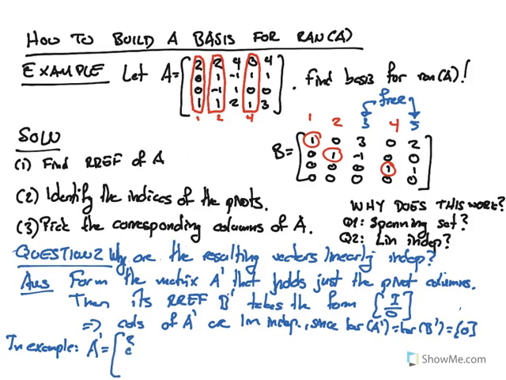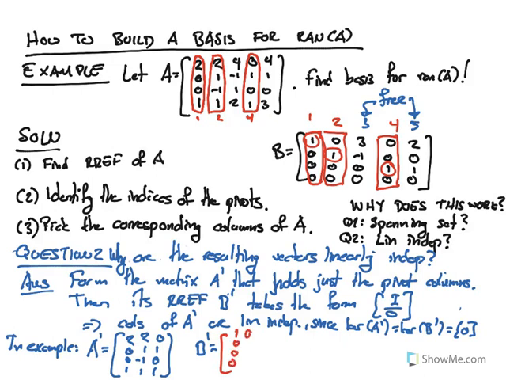So we have 2, 0, 0, 1, 2, 1, minus 1, 1, and 0, 1, 0, 1. Then B prime is formed simply by the corresponding columns here. So that's the first column of B prime, that's the second column of B prime, and that's the third column of B prime. So B prime looks like this.